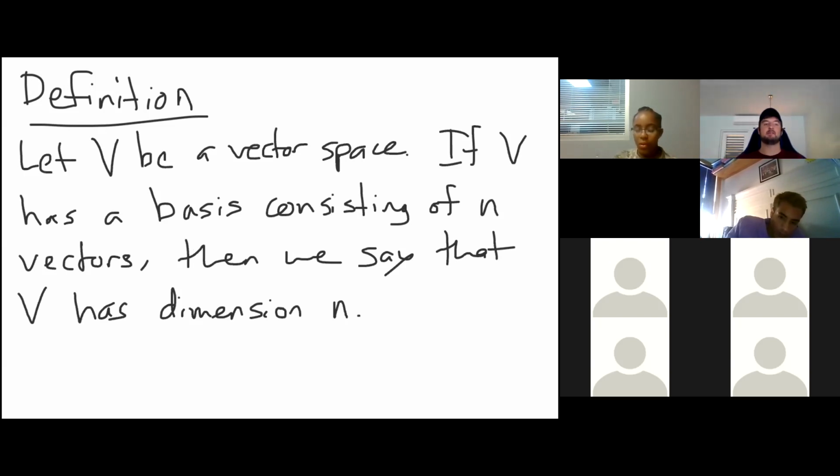Commonly, instead of having to say vector space V has dimension n, there's a nice little shortcut notation. We think of dimension as a function. So you're going to constantly see it written as dim for dimension of your vector space. You can write dim V is equal to n.